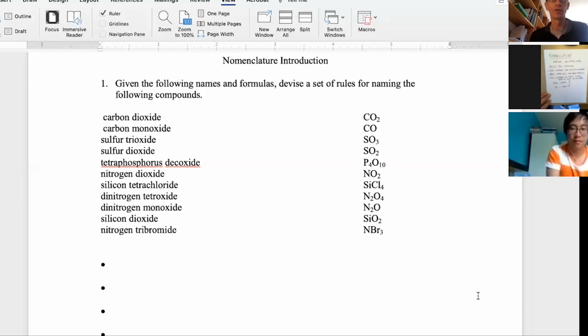There's a bunch of them. There's tri. If tri means 3, then maybe it's a question of what we had for 4. What about 1? Is 1 in there? For the first element, I don't see one, but sometimes for the second element, if there's only one, such as dinitrogen monoxide, mono means one.